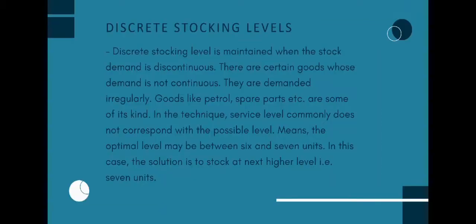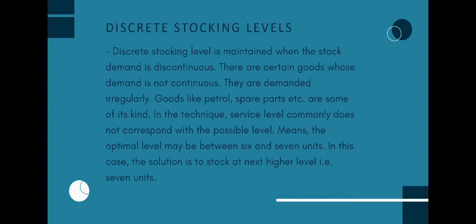Next is the discrete stocking level. Discrete stocking level is maintained when the stock demand is discontinuous. There are certain goods whose demand is not continuous. They are demanded irregularly. Goods like petrol, spare parts, and so on are some of its kind.